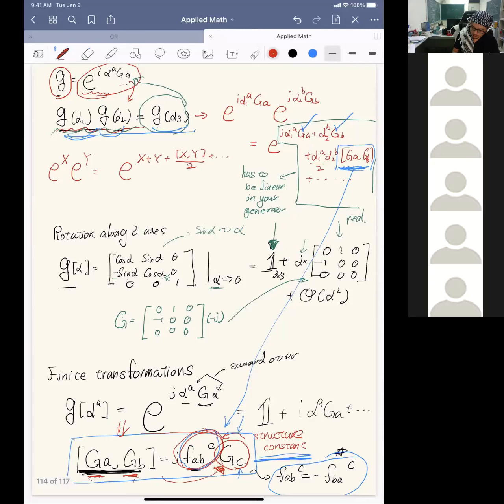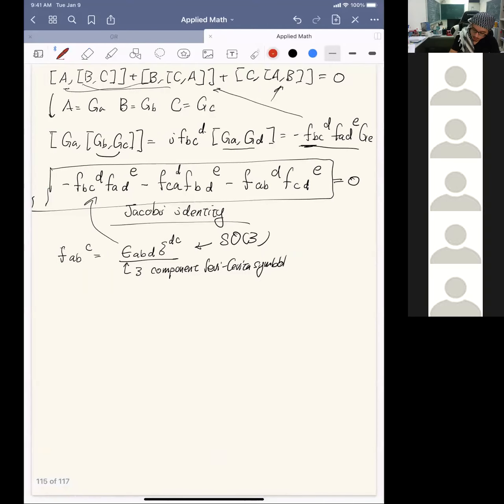Okay, good. So why are we doing this? Well, remember, now we can again do the same thing and make this local. Let's talk about the local version. The local version is just that g is equal to exponential i alpha^A G_A, but now alpha is x dependent. So now we should have an SOP.